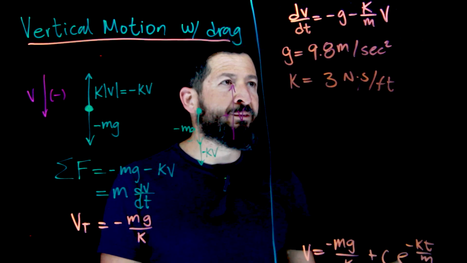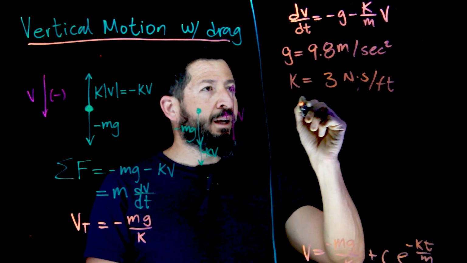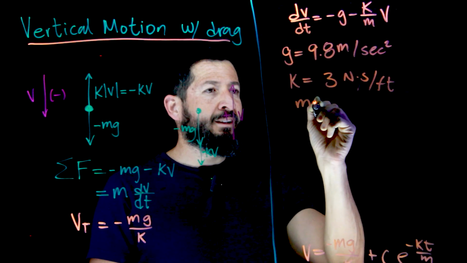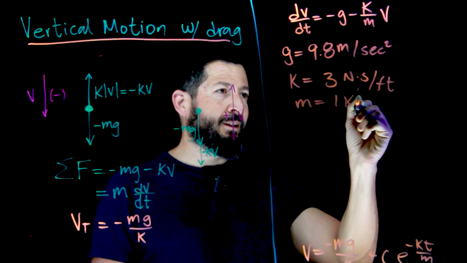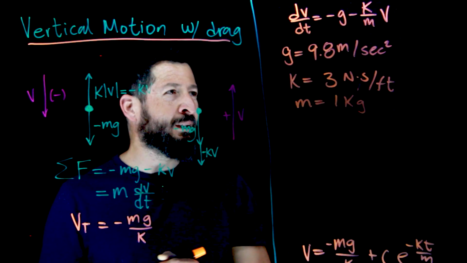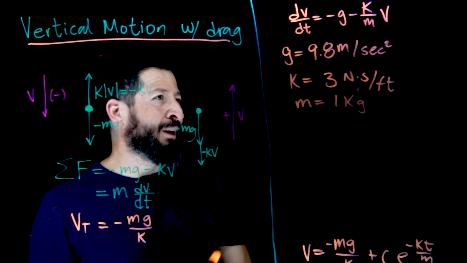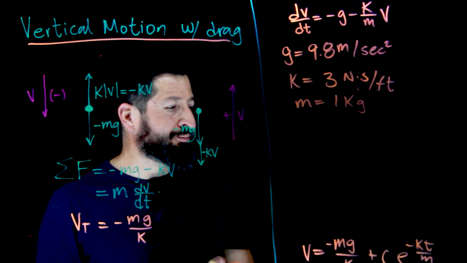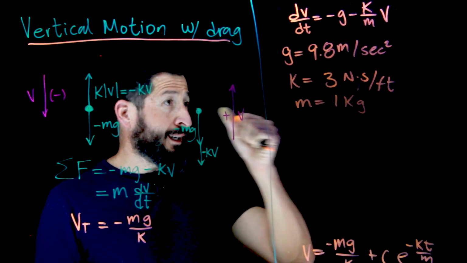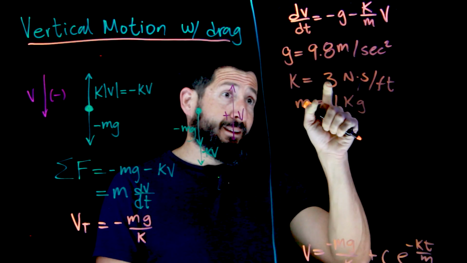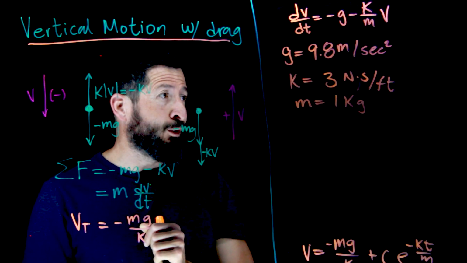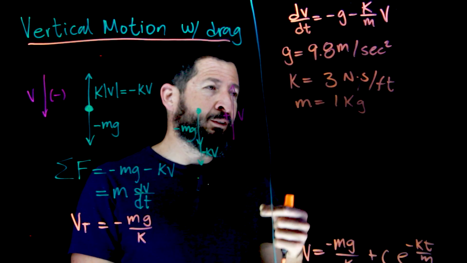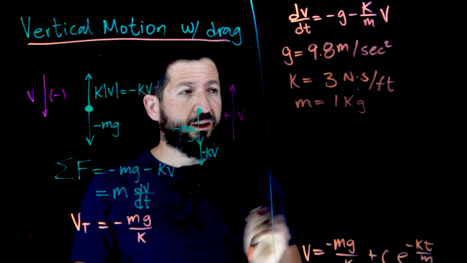And what else? We need the mass of the object, I suppose. And so the mass, let's say that it is an object that weighs 1 kilogram. So we have a stone that weighs 1 kilogram. Then we have the gravity and then the resisting force of 3 newtons times second per feet, or 3 newtons per feet per second, if you will.